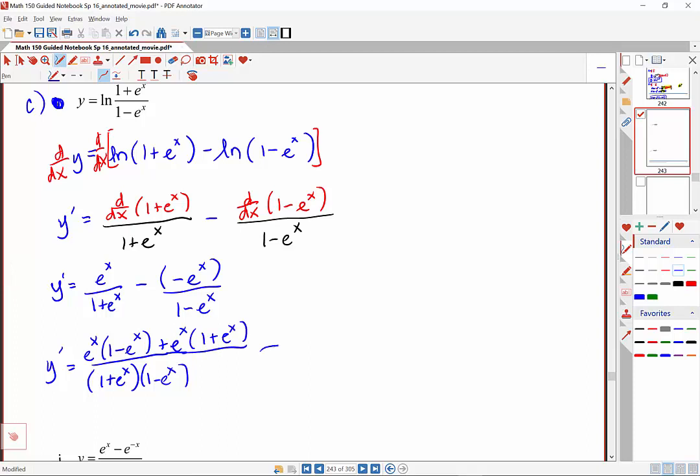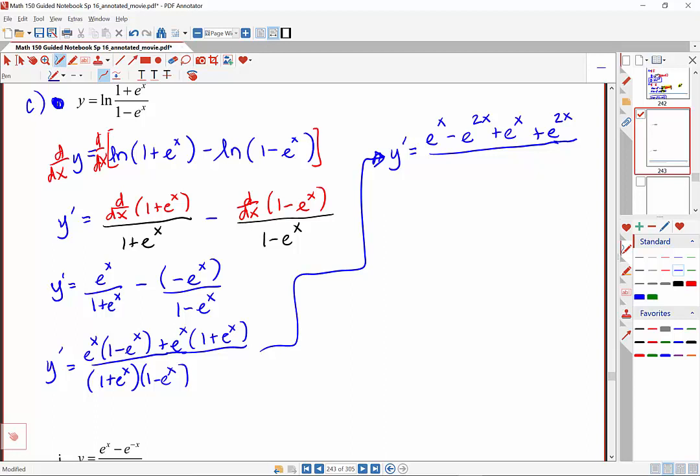So we will have y prime is equal to e to the x minus e to the 2x plus e to the x plus e to the 2x over 1 plus e to the x times 1 minus e to the x.